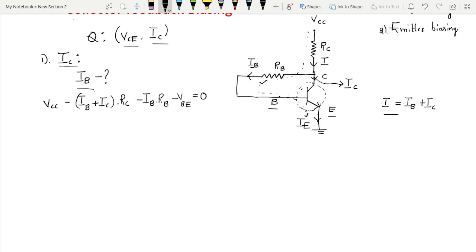This is the loop equation from the supply to the emitter through the base region.